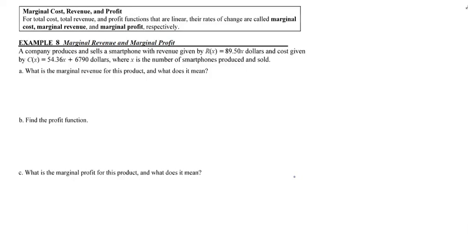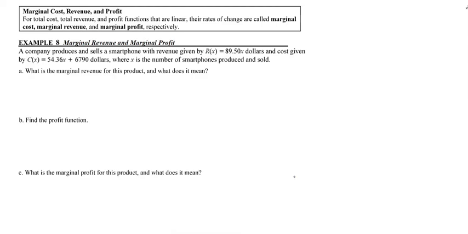Marginal cost, revenue, and profit. For total cost, total revenue, and profit functions that are linear, the rates of change are called marginal cost, marginal revenue, and marginal profit, respectively.